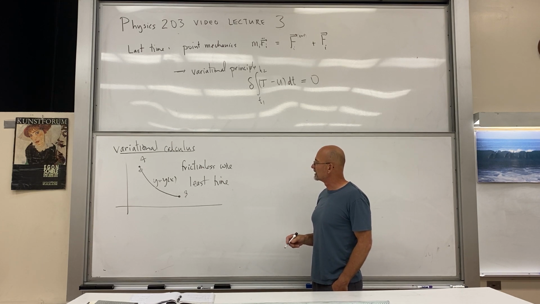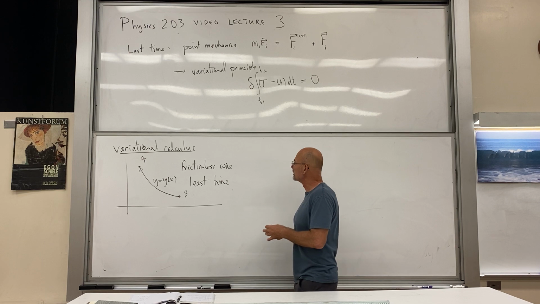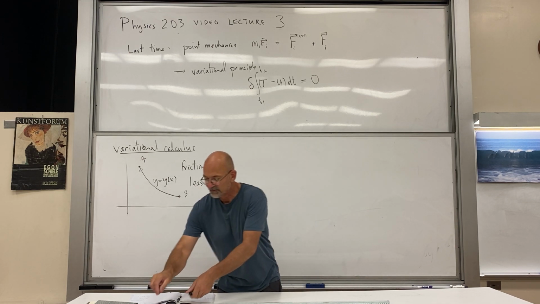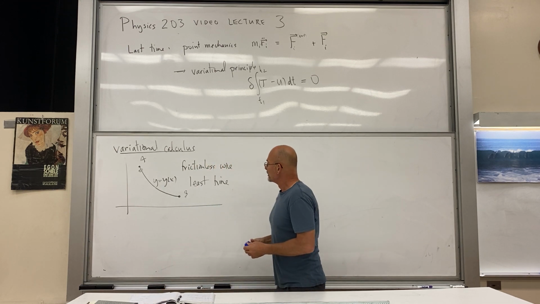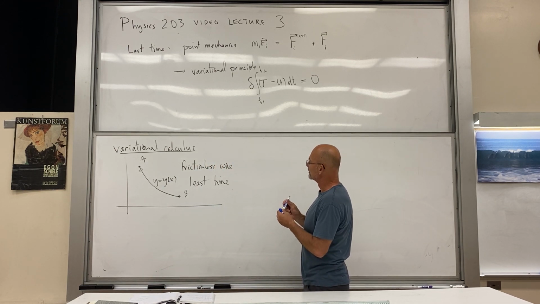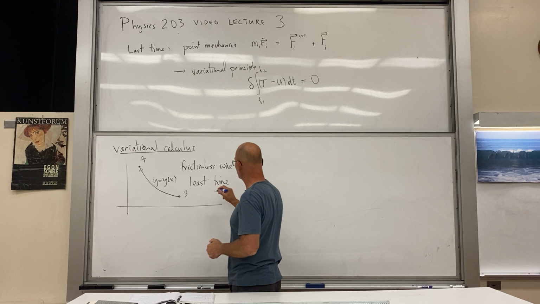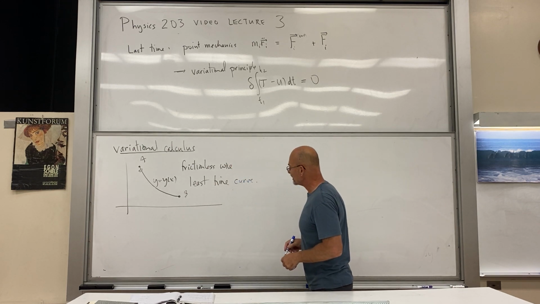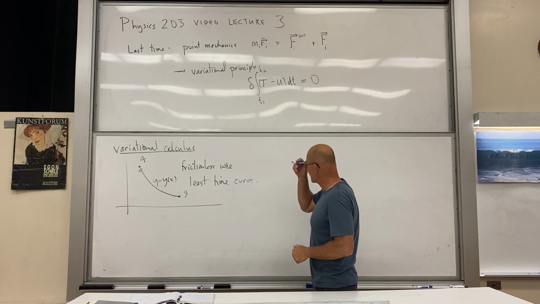And we can do that, and that'll bring us to a kind of a minimum problem, right? Least time, so we're trying to minimize something. So how do we do that? So frictionless wire, least time curve. That's well posed, I'd say.